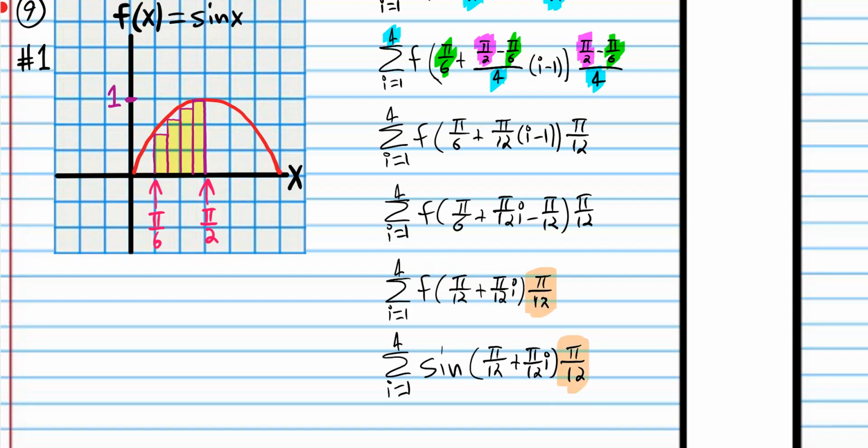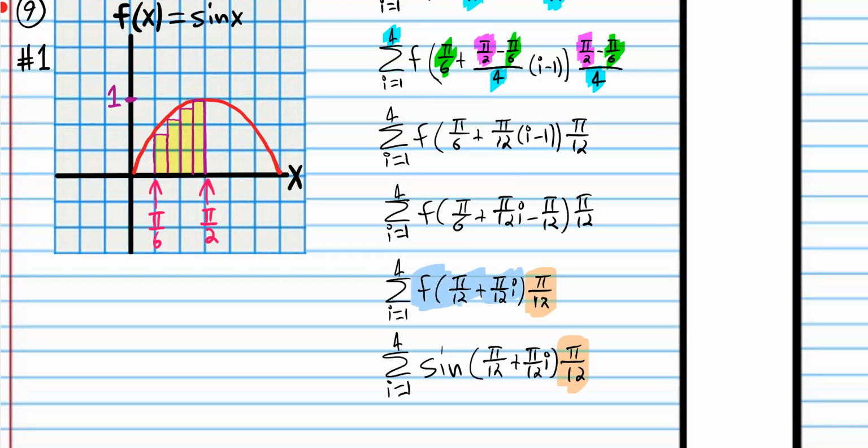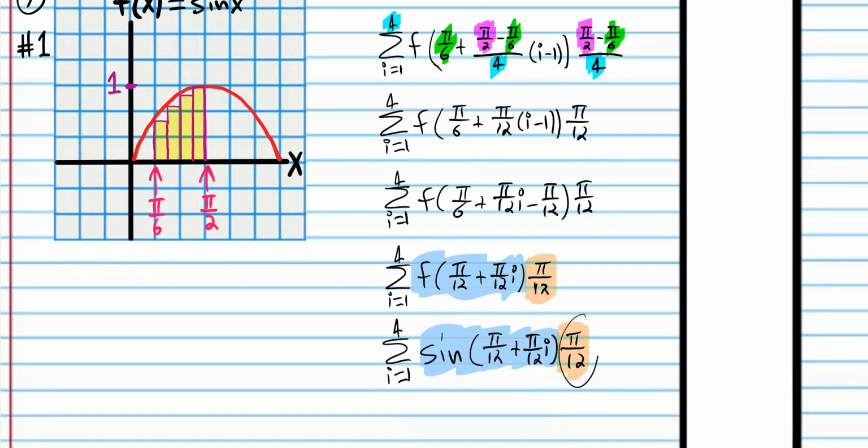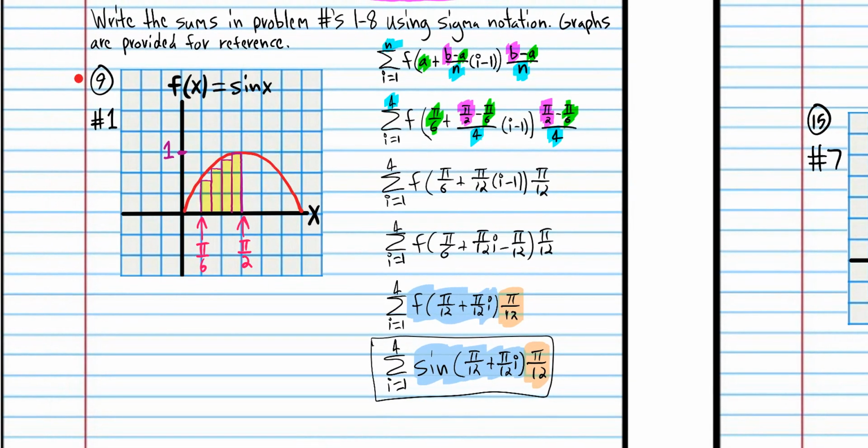We've been doing that so far, and I guess I can use maybe pale blue for the height of each rectangle. So that became that. And that's it. Now, if we want to, we could actually take this pi over 12 out and put it in front, but it's not really necessary. So that's the answer we're looking for. We have the sum using sigma notation.